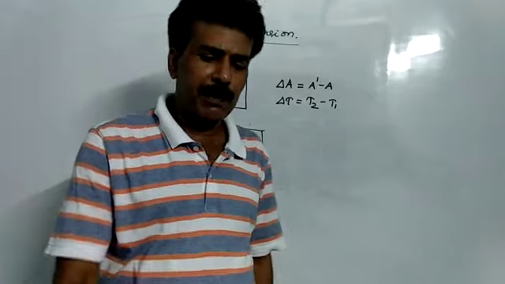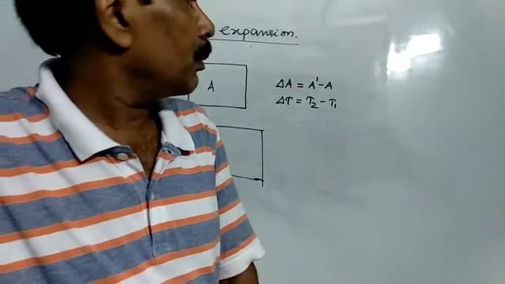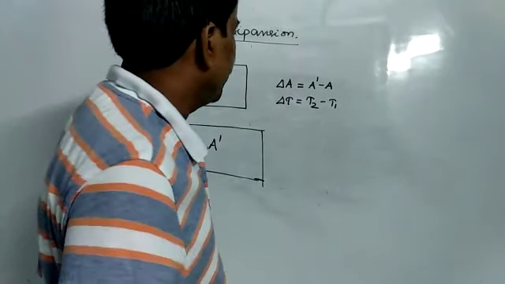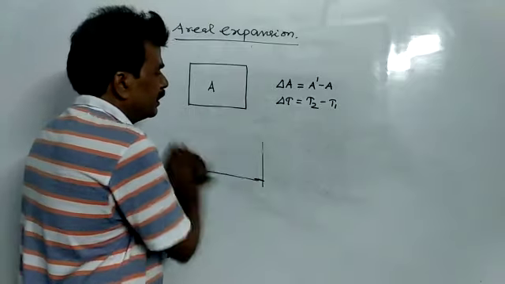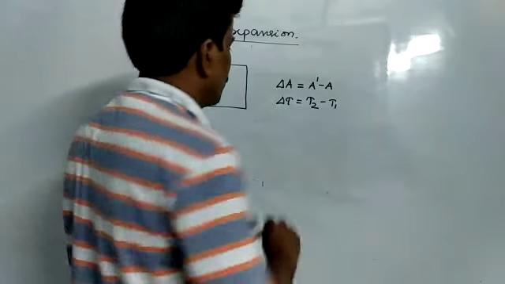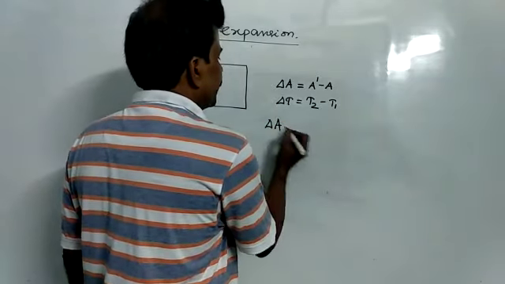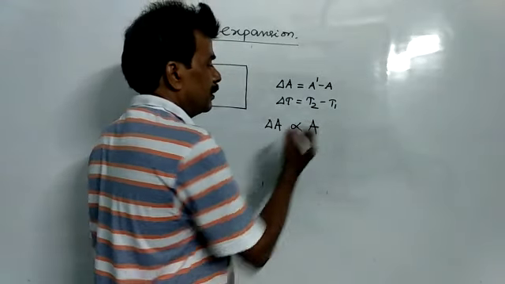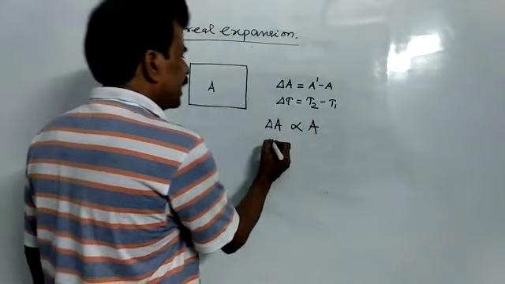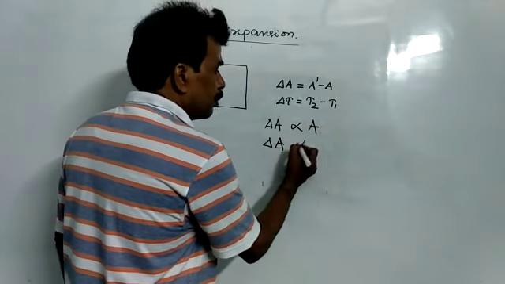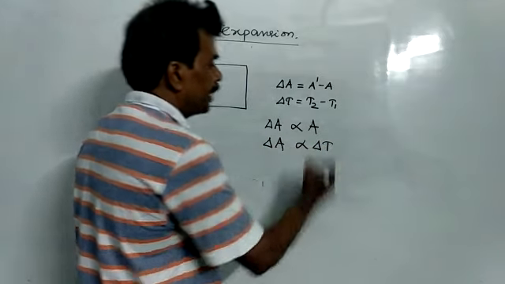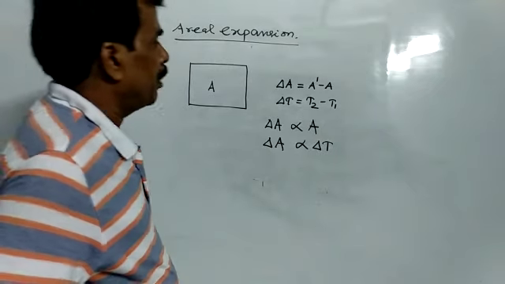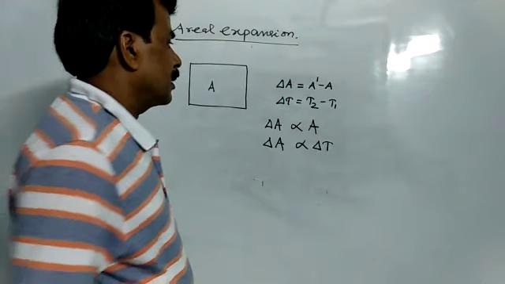And from experimental study we can conclude that the increase in area is directly proportional to the original area, and the increase in area is directly proportional to the increase in temperature. These things are found experimentally.